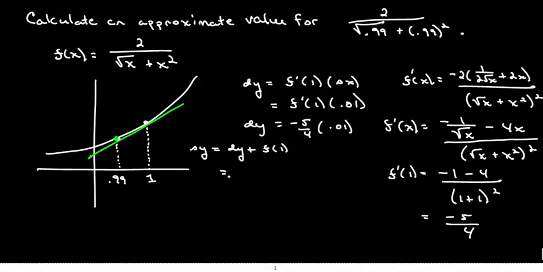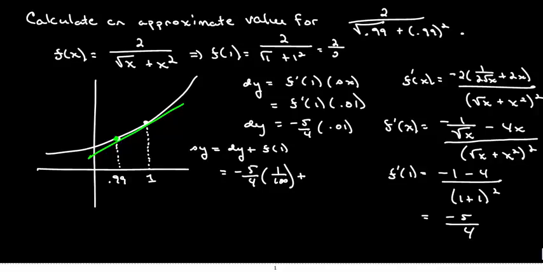So that's dy, which is basically negative 5/4 times 0.01, that's 1 over 100, plus f at 1. Well, what is f at 1? f at 1 is equal to 2 over square root of 1 plus 1 squared. So that's 2 over 2, which is 1.